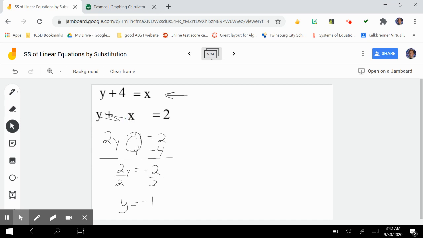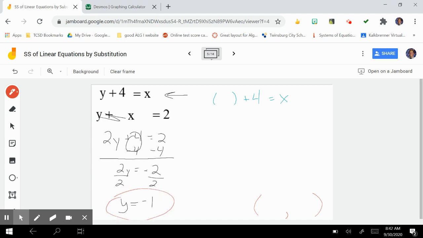Which of these equations is solved for a variable? That first one. So I'm going to work smarter, not harder again, and I'm going to plug into that first equation all my hard work to get my final answer. So again, my final answer will always be an ordered pair. I solved for y, so now I'm going to look for x.